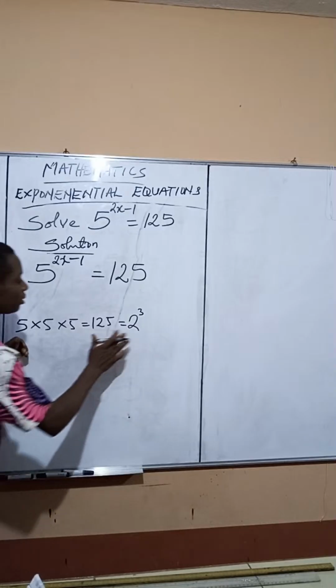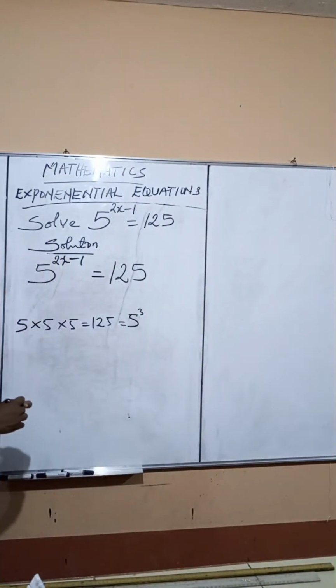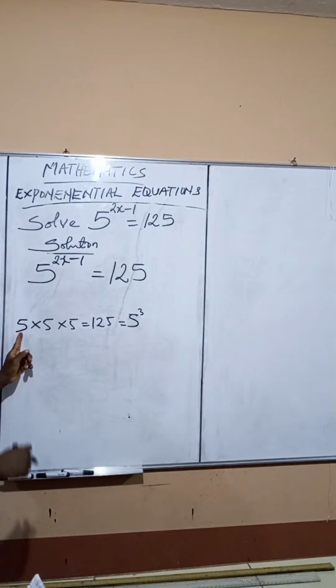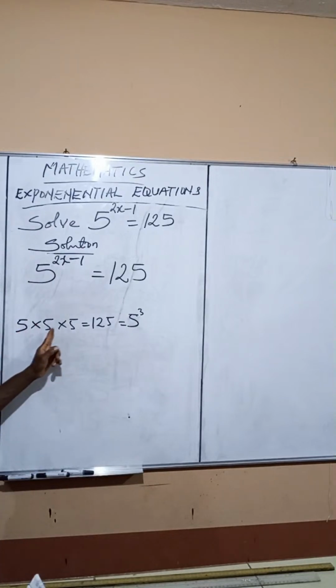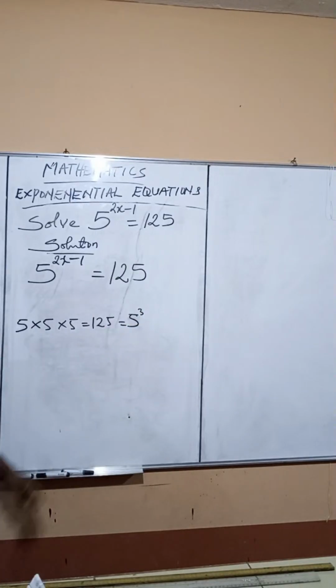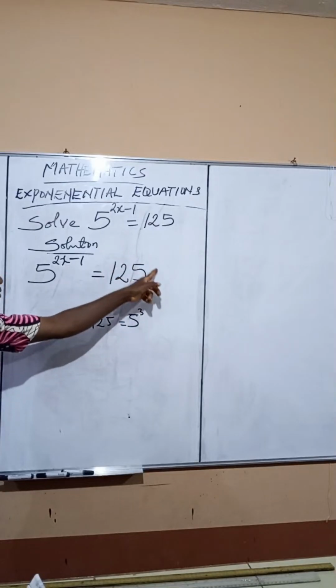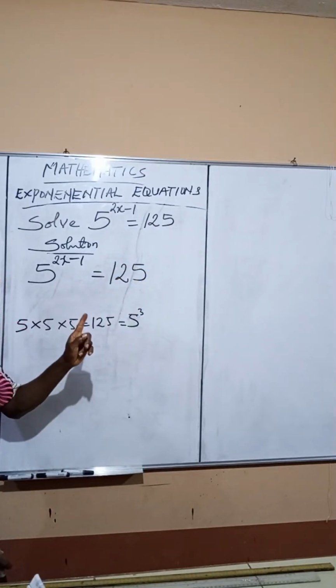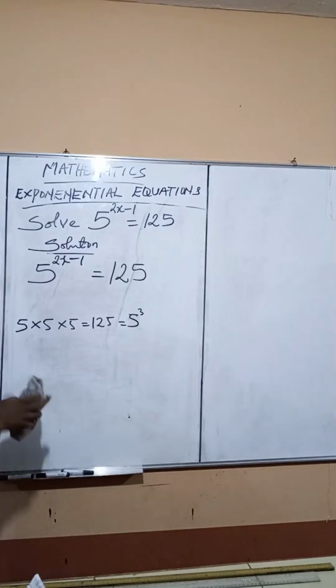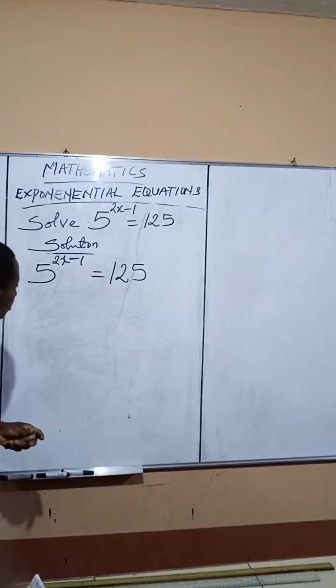That is 5 raised to what? 3. Yes, because this is 5 times 5 times 5. That is 5 raised to 3. So which means we are going to replace this one with 5 raised to 3. Please take note. I'm going to clean this one now because I want to write something here.